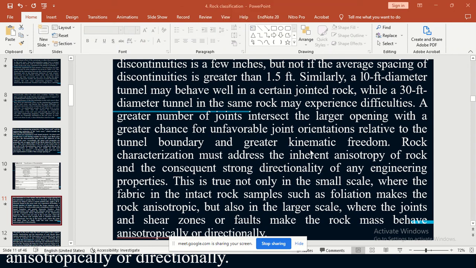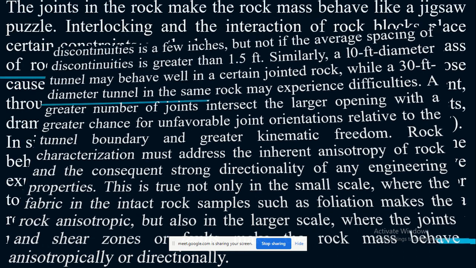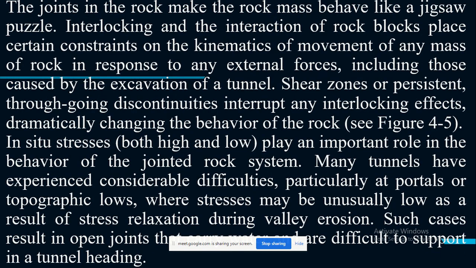And shear zones or faults make the rock mass behave anisotropically or directionally. So the joints in the rock make the rock mass behave like a jigsaw puzzle.